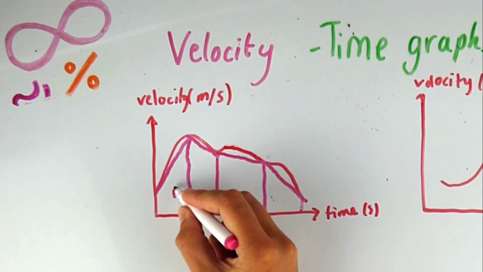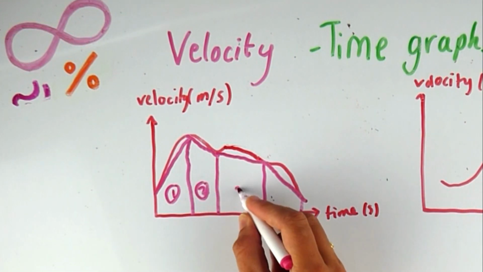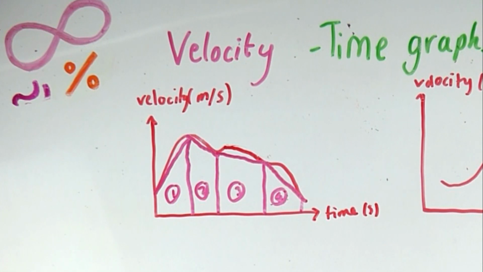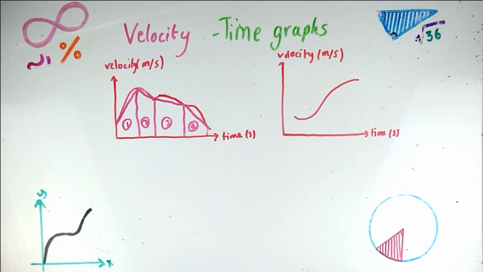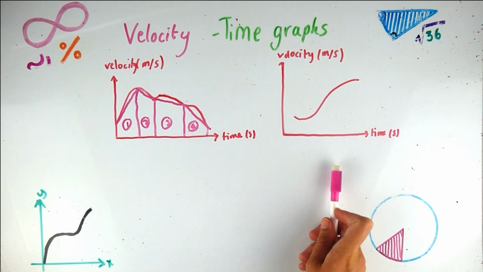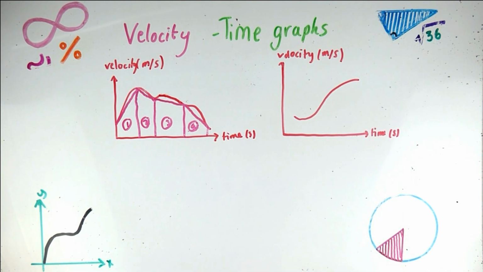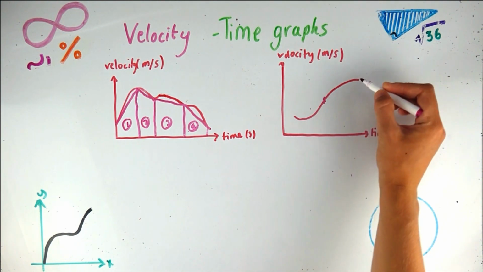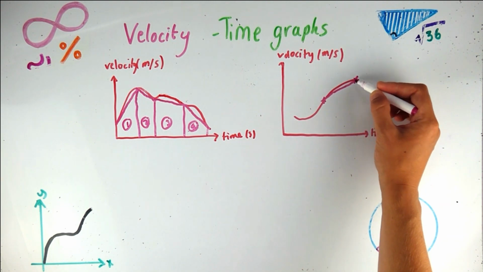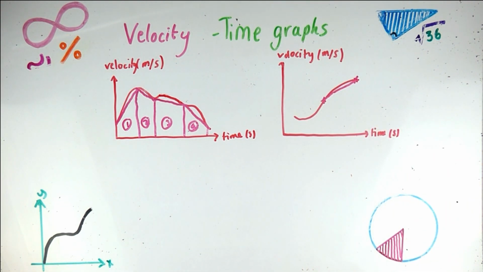So you just find the area of the different segments individually and add them all up, and that's how you would estimate that. So in the second example, how would you estimate the gradient? Well, you could be asked to estimate the gradient between two time points, so say between the time here and the time here, and in that case you just draw a straight line connecting them and work out the gradient of that line.